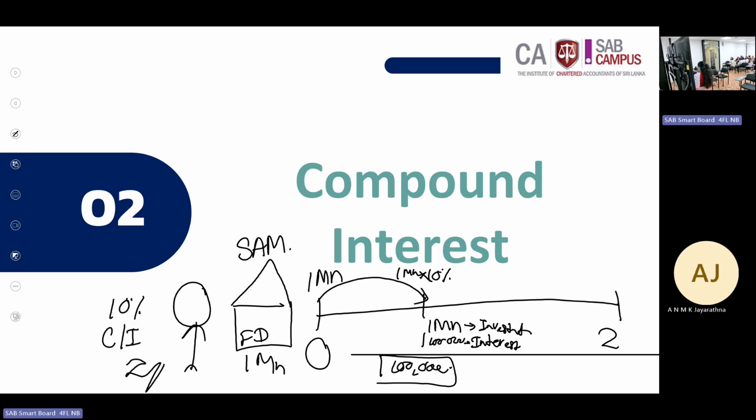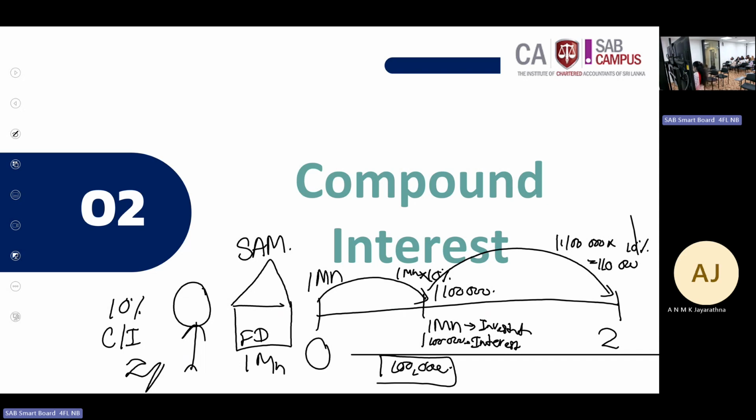Now your beginning balance for the second year is not 1 million, it is 1,100,000. In the second year, Pathum gets interest on 1,100,000 multiplied by 10%, which is 110,000.